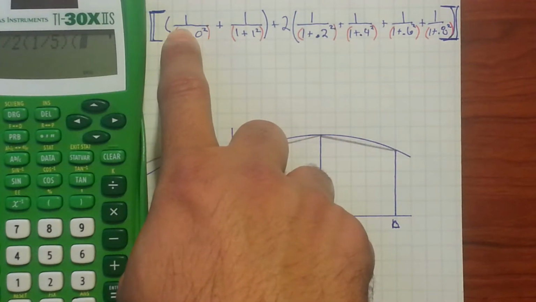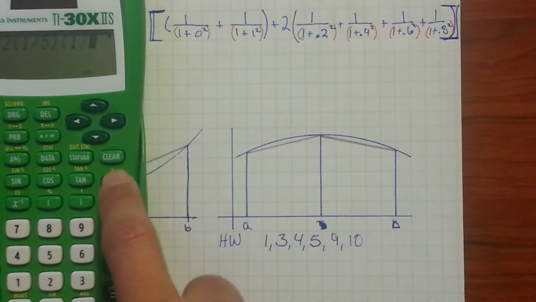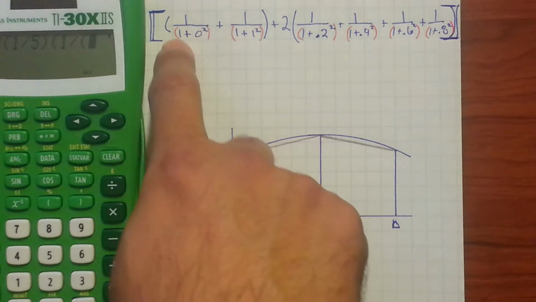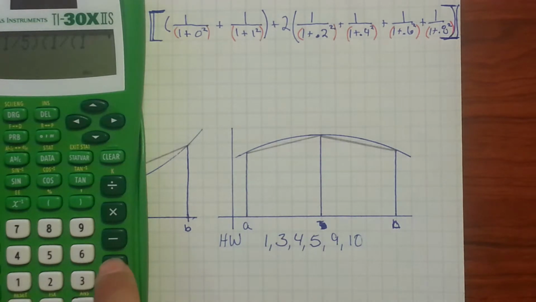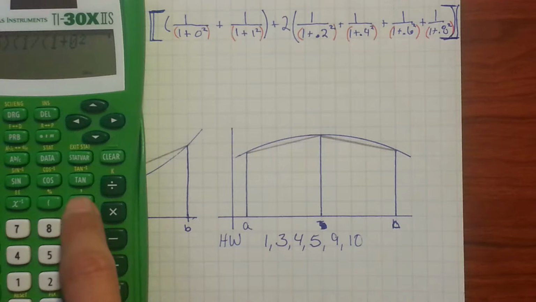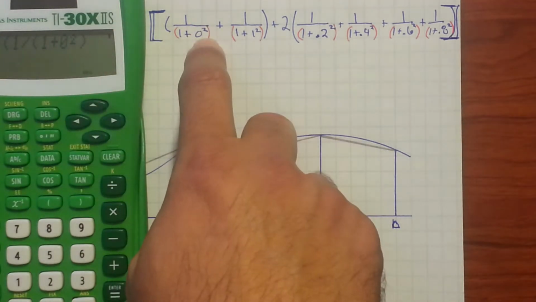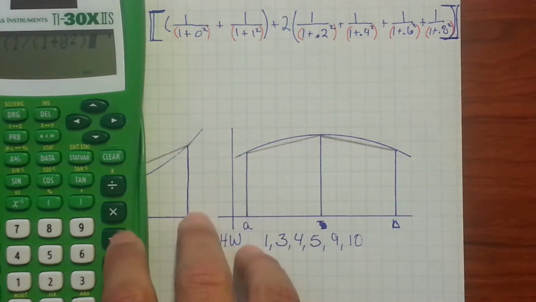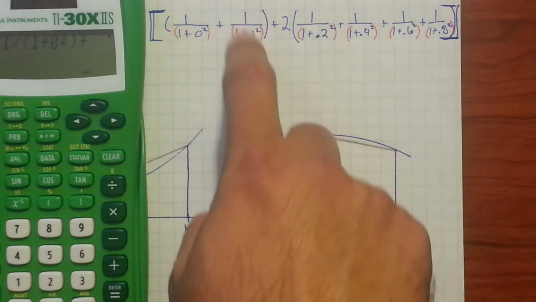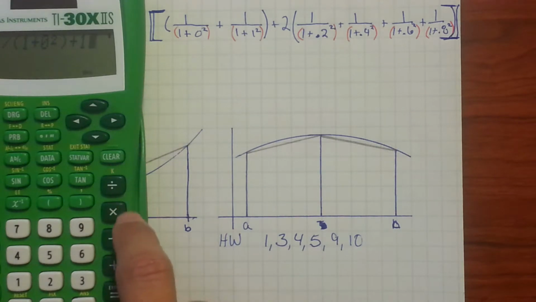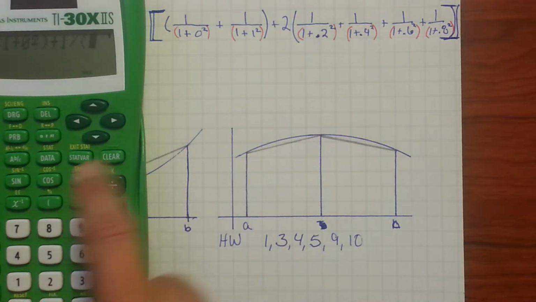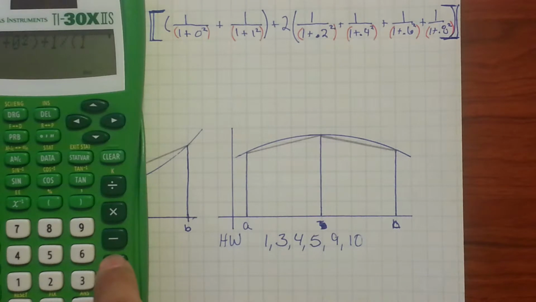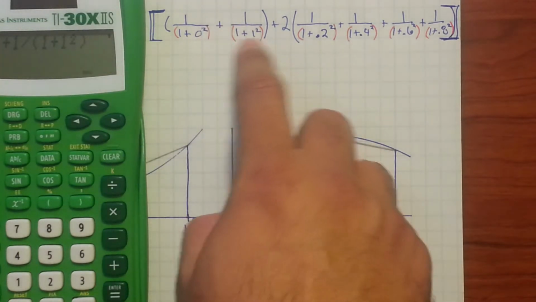So now we're right here. So it's going to be 1 divided by, open again. So I'm opening that one. 1 plus 0 squared, close, so that closed that. Now, since I have that, now I can go to plus 1 divided by, open, 1 plus 1 squared, close, right there.